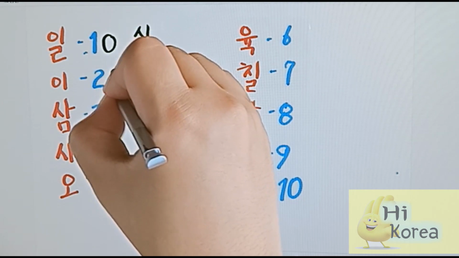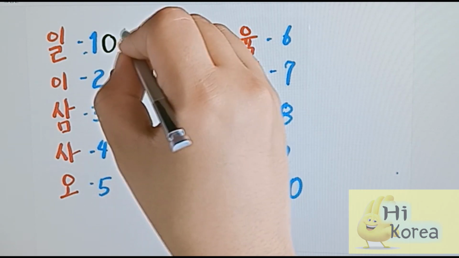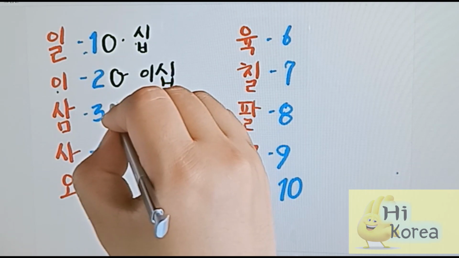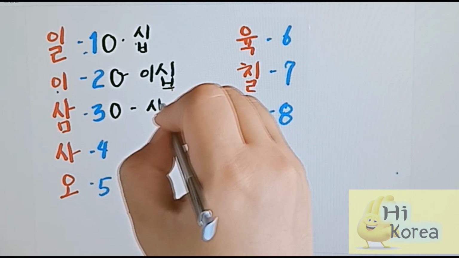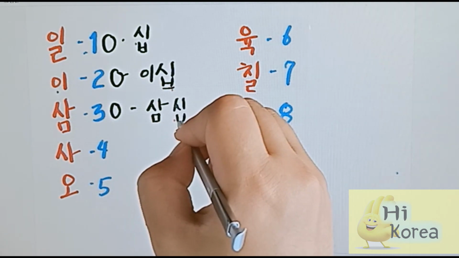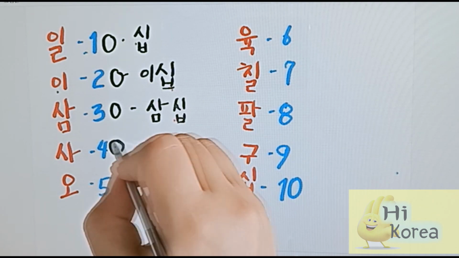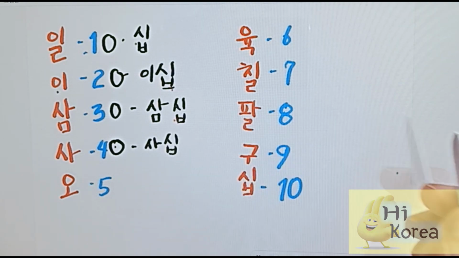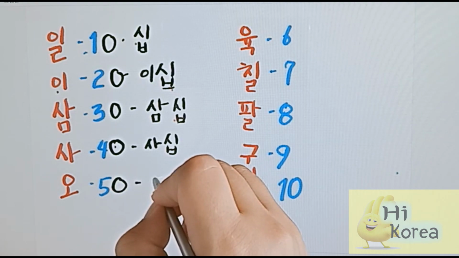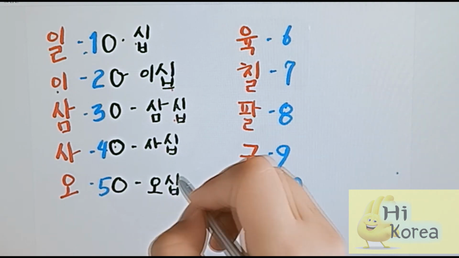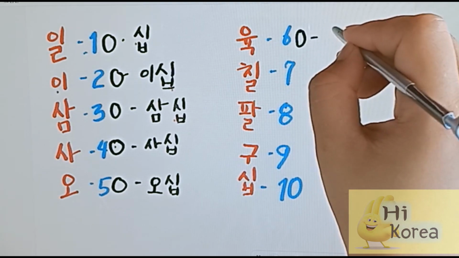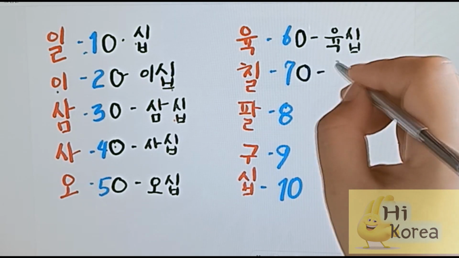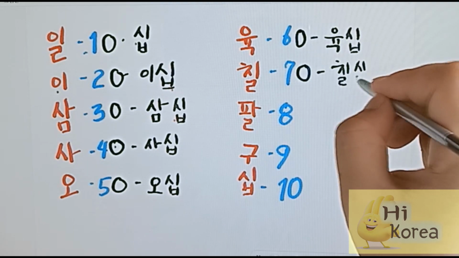And for 20, sheep. For 30, sheep. For 40, 40. For 50, 50. For 60, 60. For 70, 70.